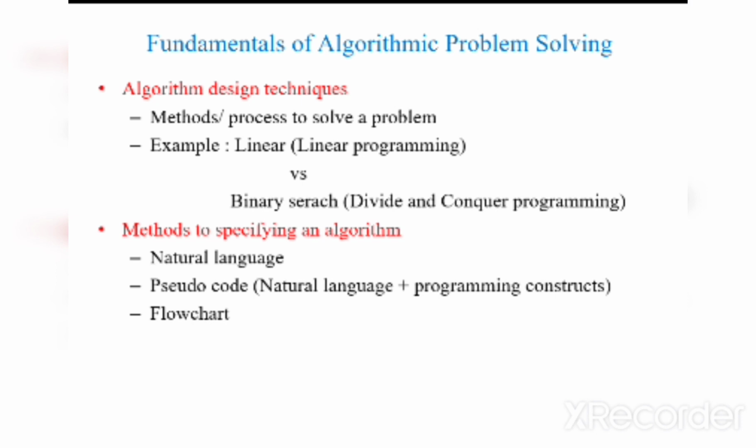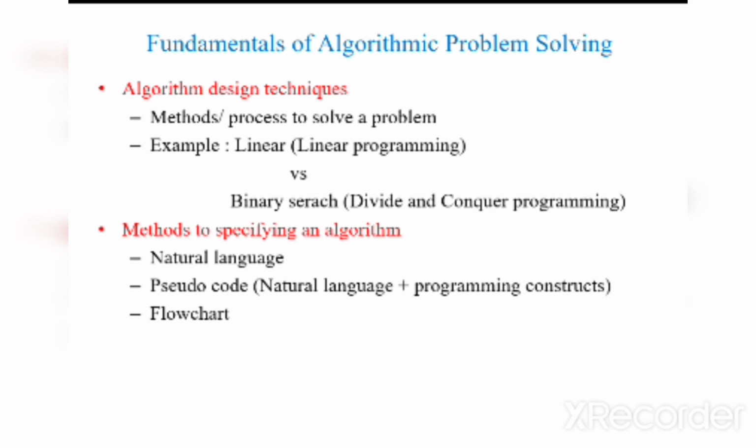So we'll be having several design techniques. So these are the common examples to solve a problem. What do you mean by linear programming? We'll be processing it in a one word direction. Next, binary search. In binary search, we'll be dividing the problem into sub problems and we'll be processing.